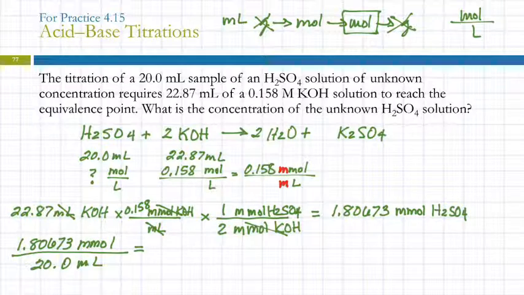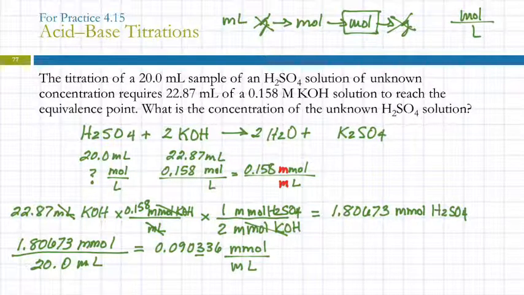Divide by 20. 0.0903. Let's not be ridiculous here. How many significant figures should my answer have? 3. 4's close. 3. So there's 3, and I'll write down 2 extras, and my units are millimoles per milliliter.